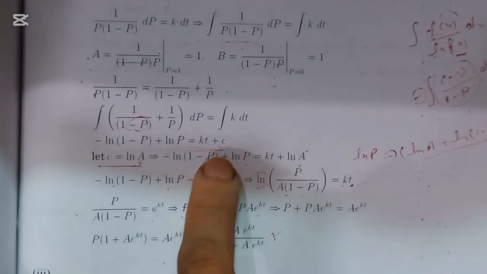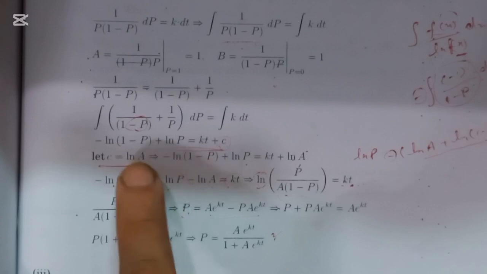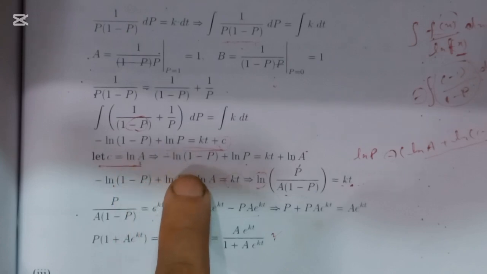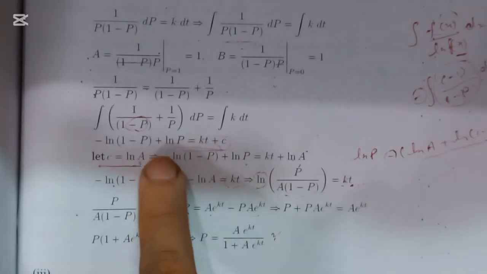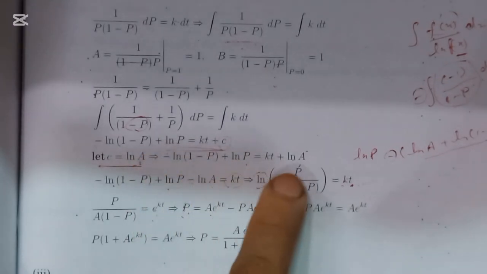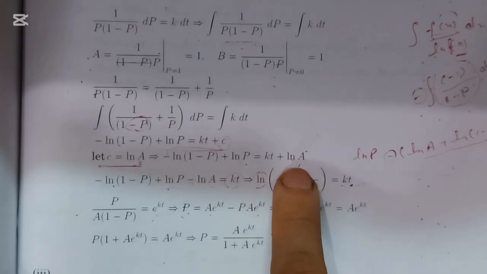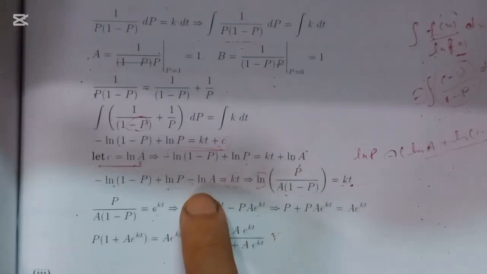At this step you will let this c equal to natural log of A. So look now, minus natural log of (1 minus P) plus natural log of P is equal to kt plus natural log of A.